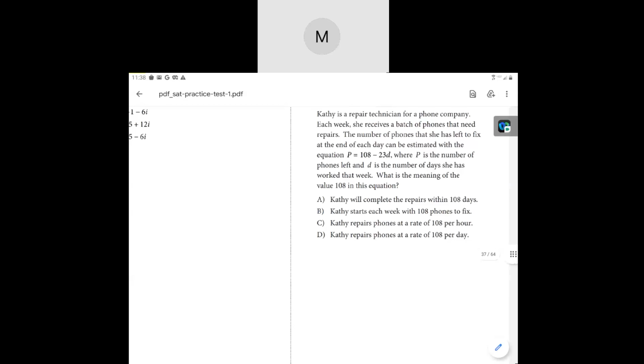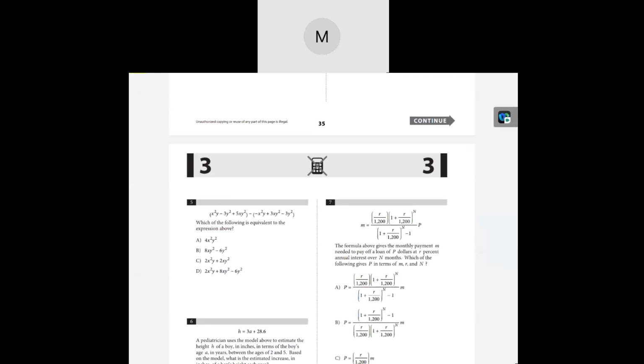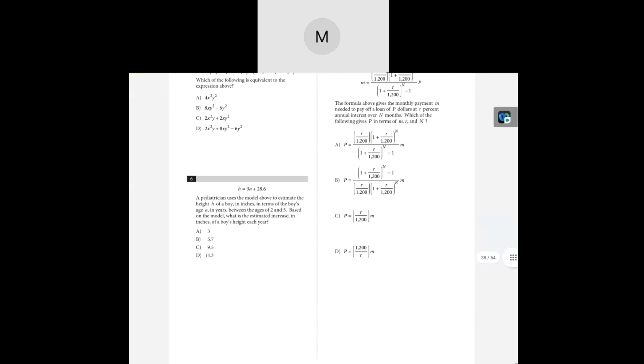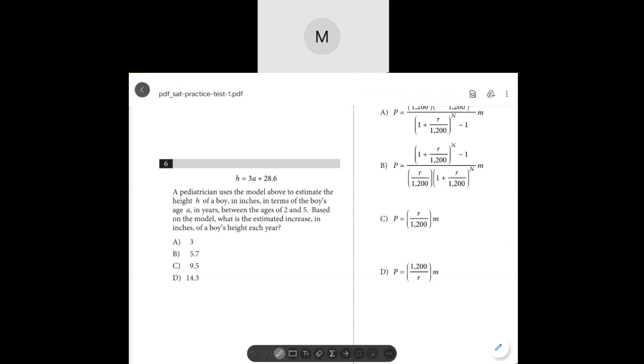All right, so we'll just move on to another question. And again, I'm doing this from the actual SAT website, like the College Board website. So we are solving questions that are very likely to be seen during an SAT test. Again, number 6, related to linear equations. Now, without reading the question, I'm just looking at this equation.